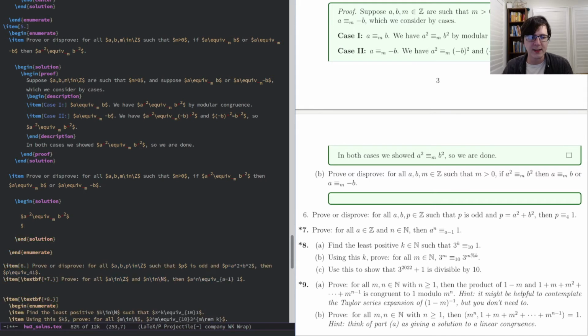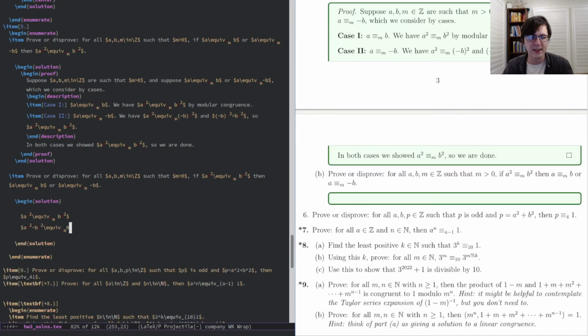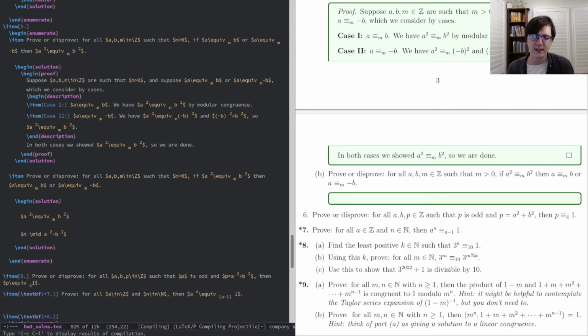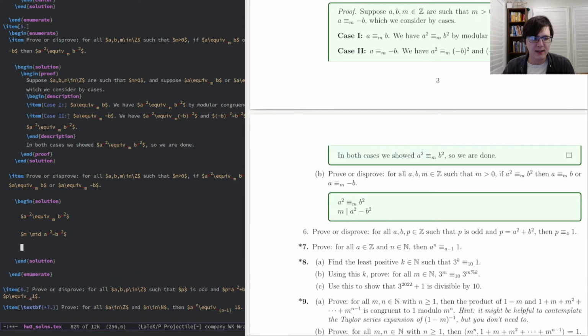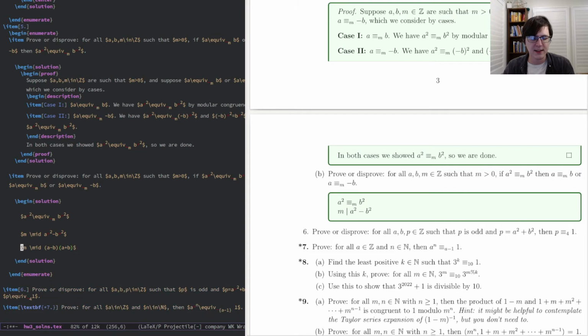This is equivalent to a squared minus b squared is equivalent to 0. Or it's equivalent to this. And this is equivalent to a minus b, a plus b.